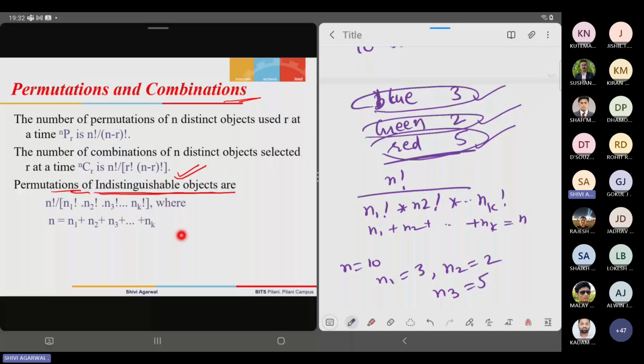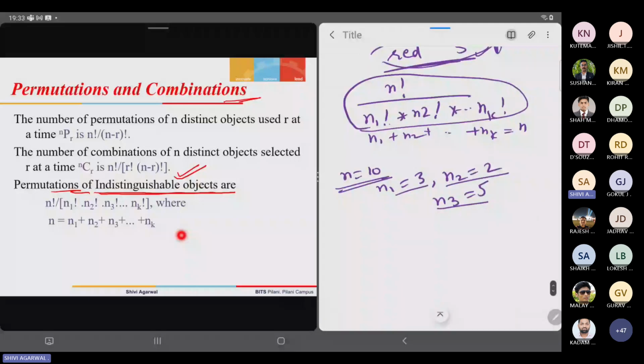Got it? So that is what we are doing here: permutation of indistinguishable objects, where there is some separation but also some indistinguishable items. So the formula is this one. In this example, n is equal to 10, there are a total of 10 balls, but n1 is 3, n2 is 2, and n3 is 5.